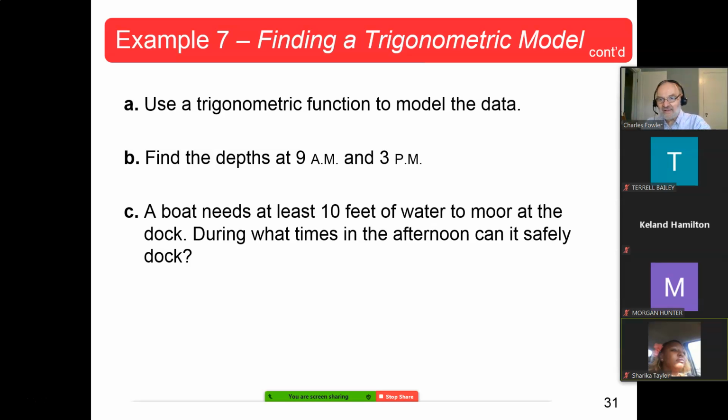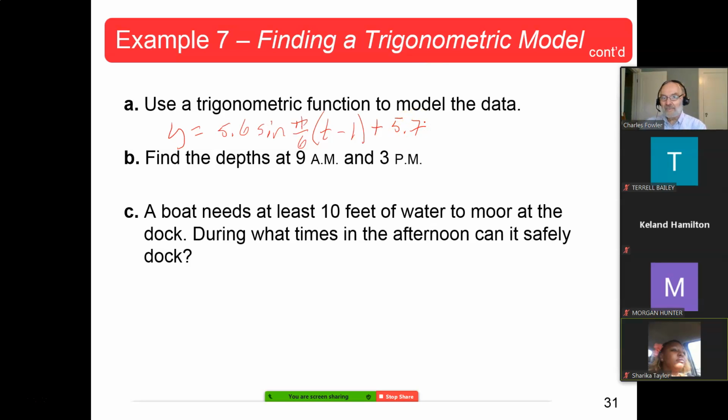The second thing, so here I'll write down mine. Y is equal to 5.6 times the sine of pi/6, that's the B, times t minus 1, plus 5.7.